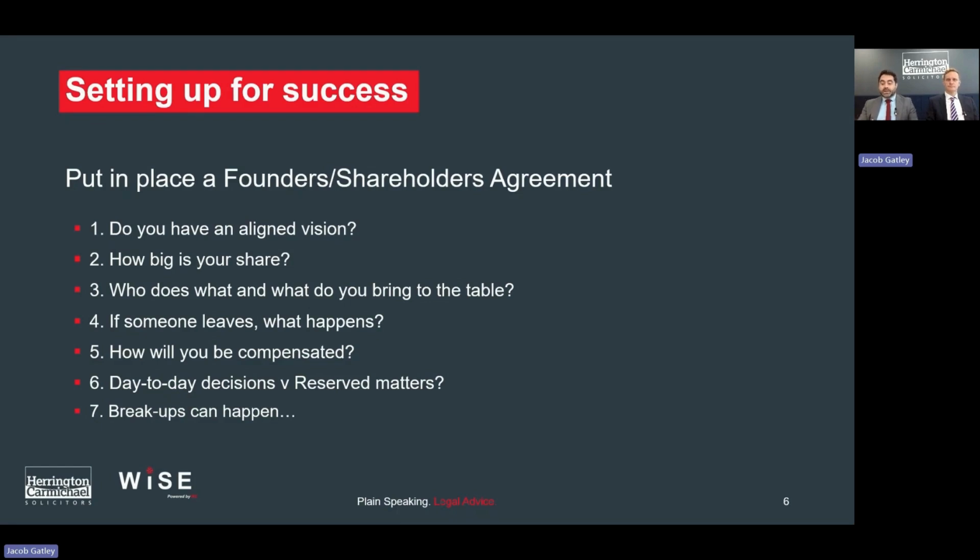We acted for a client who had fallen out with the other two company directors and shareholders. They wanted to exit the company and take with them the intellectual property, which they say they created and belonged to them. But in short, it was really difficult to offer any positive legal solution because there wasn't a tailored shareholders agreement that reflected the various contributions to the company, including our client's.